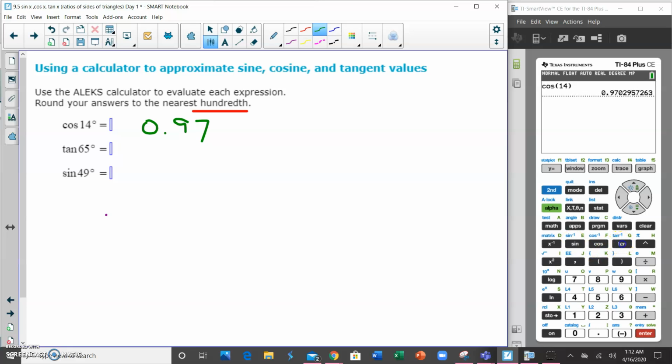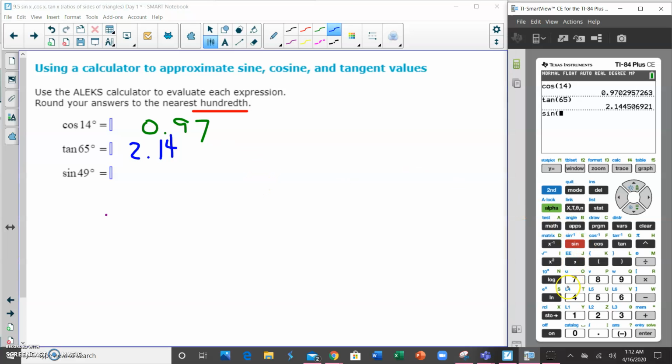Okay, now I just put in the tangent. So I'm going to put in tangent of 65, close my parenthesis, hit enter. The tangent of 65 is 2.14, and the last one is the sine.